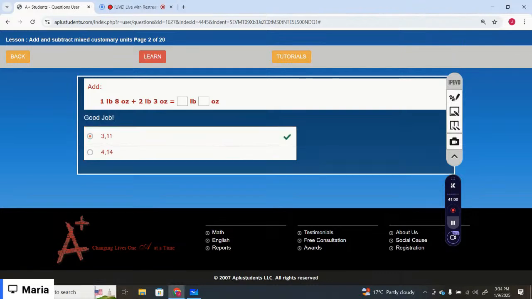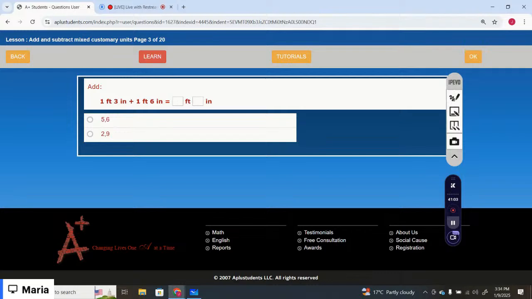Option number 1 is the correct option. 1 foot 3 inches plus 1 foot 6 inches.